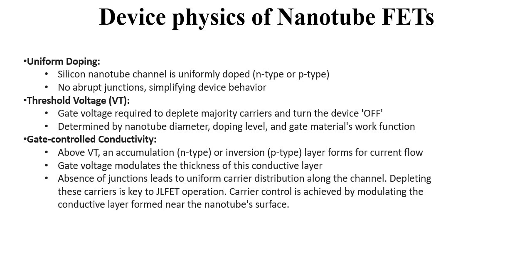Now, the absence of junctions leads to uniform carrier distribution along the channel. Depleting these carriers is key to junctionless field effect transistor operation. Carrier control is achieved by modulating the conductive layer formed near the nanotube surface. The conductivity will be increased with the use of the inner gate.